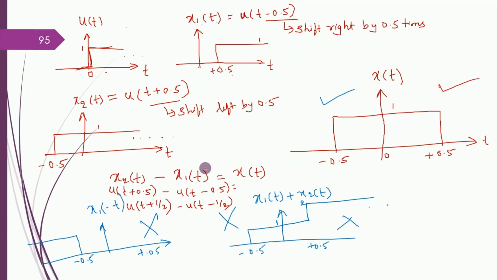Now I'll take one more example. x of n is given as 1 for the range 0 to 9, and it's a discrete time signal, and 0 otherwise.